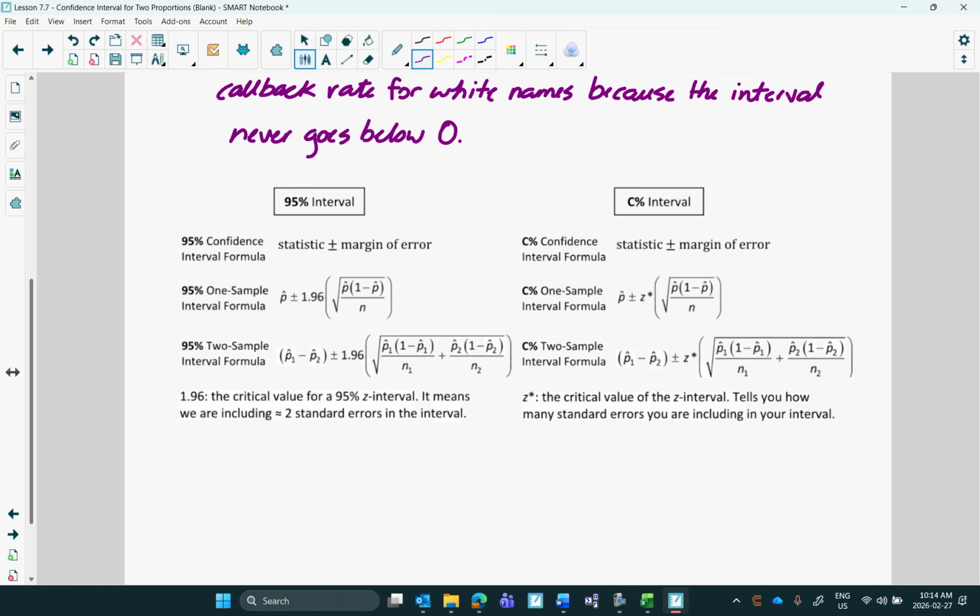For a 95% interval, we know to use 1.96, but 99 or 85 or 94 or 90 or whatever, it's the same, except we have to calculate a different critical value. And we have to do that if we do it the long way by doing inverse norm. I know, stunning. Okay. So that's the long way.